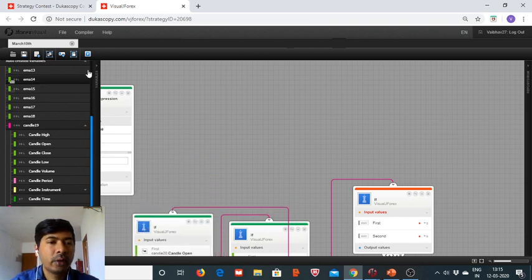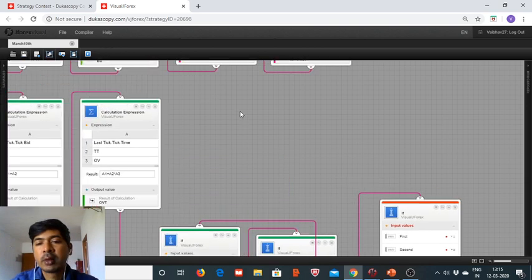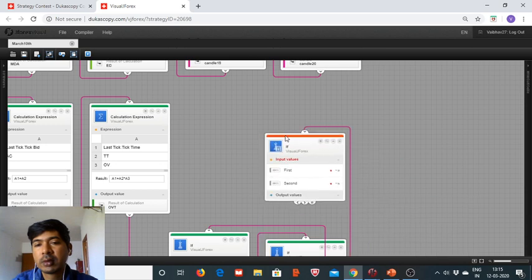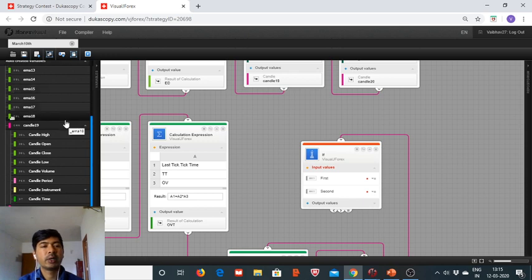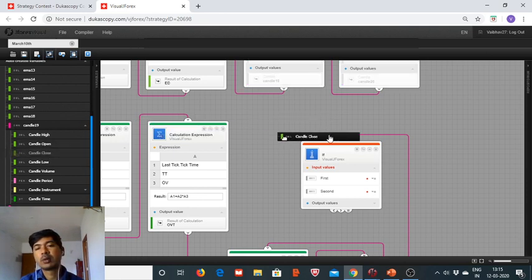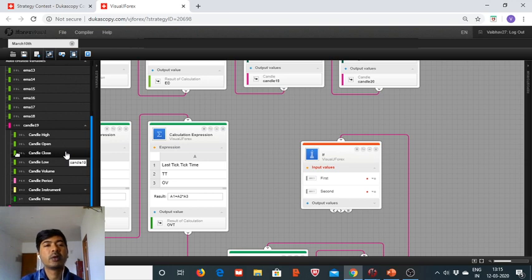Now we want the last tick price. Of course, we also want to make sure that the candle 19's close is within the 15 pips of the EMA. So we again take this, the candle close. I think no, this is not the right way.